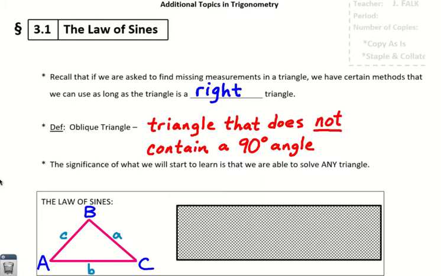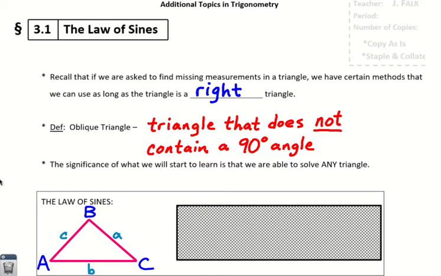So again, we are basically going to be learning how to figure out missing measurements, unknown sides, unknown angles in a triangle that is not a right triangle.